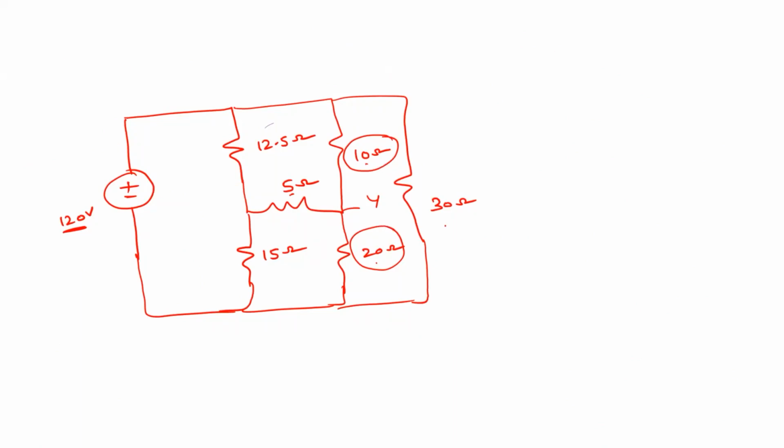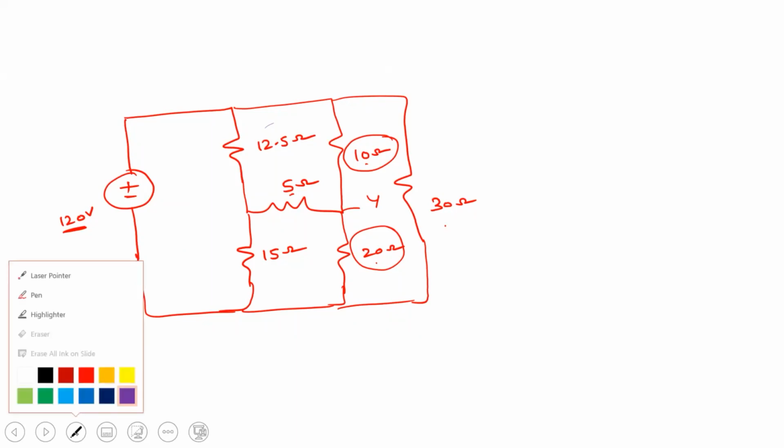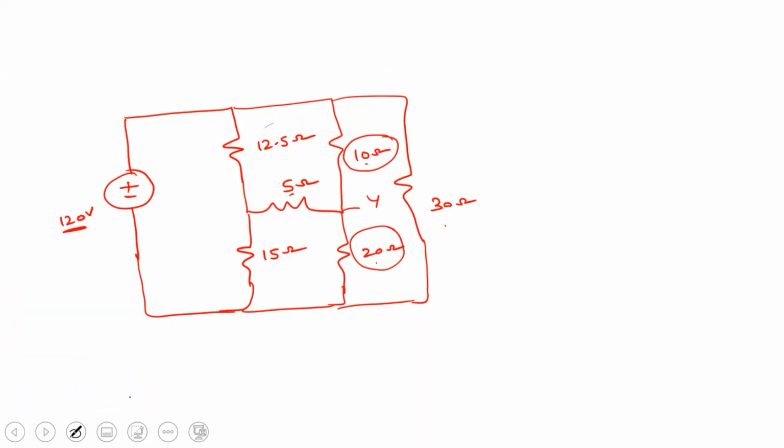How will you solve these kinds of problems? Converting star into delta, sir. You have to analyze the problem and see which gives you the easiest results. For example, I want to calculate this current I.